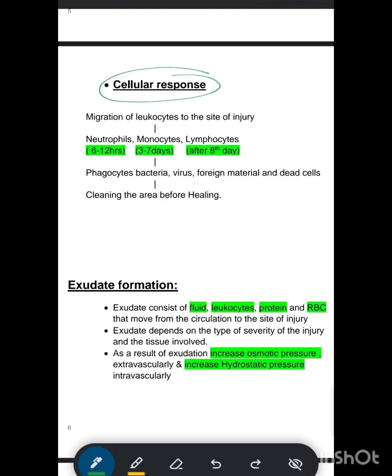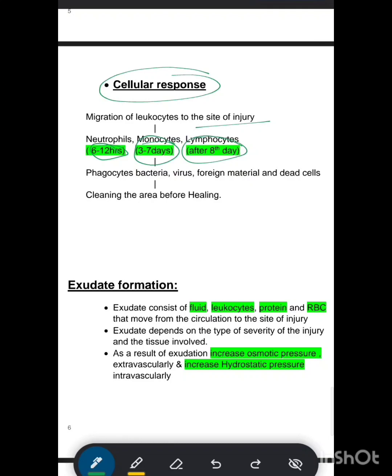The next inflammatory response is the cellular response. Whenever injury or infection occurs, the cellular response is immediately activated, and leukocytes migrate to the site of injury. At first, neutrophils come there within 6 to 12 hours, then monocytes within 3 to 7 days, and lastly lymphocytes are activated after 8 days.